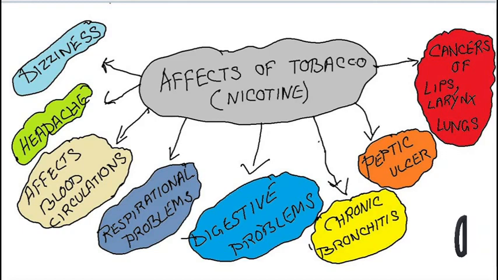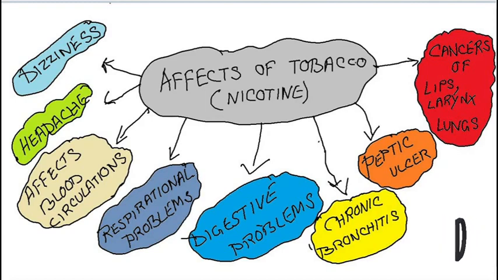Alcohol, when taken in small quantities, causes intoxication. As a result, the heart beats more slowly and the muscles of the blood vessels relax, causing the skin to flush.